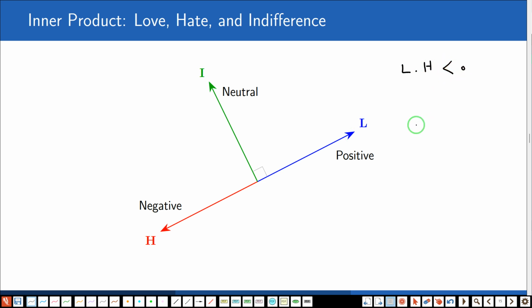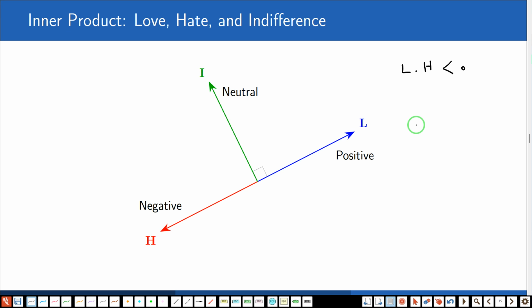These days we have several algorithms that can model concepts and words in terms of numbers and vectors in a vector space. If we have a numerical representation of these concepts, love and hate, and if we multiply them using the inner product, it will definitely be a negative number because they are pointing in opposite directions.